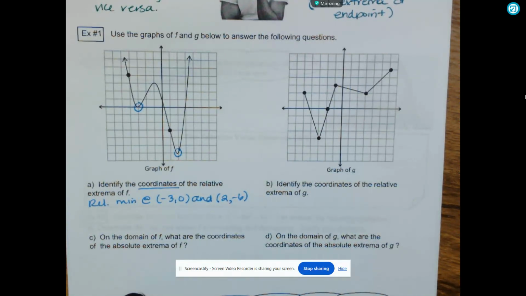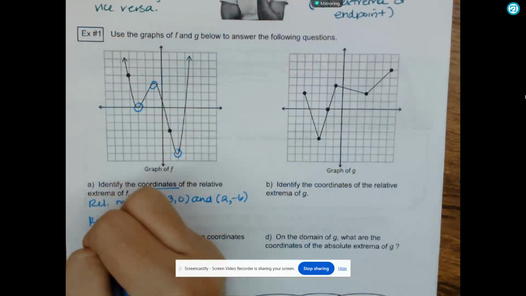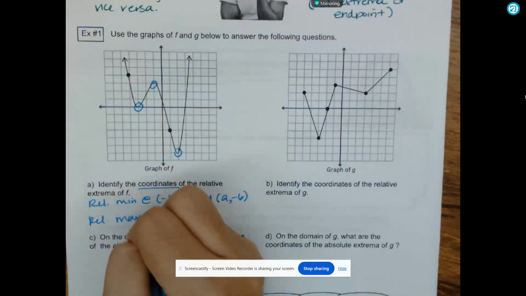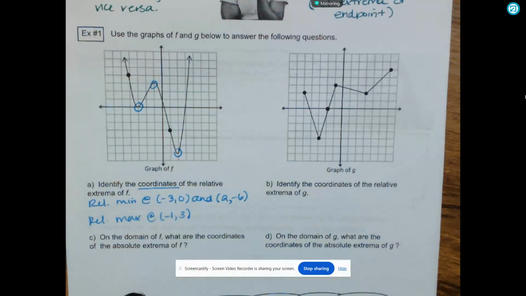All right, what about max? (-1, 3). Easy enough? We've been doing that for quite a while.